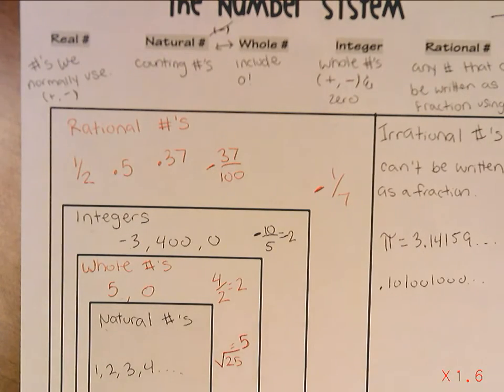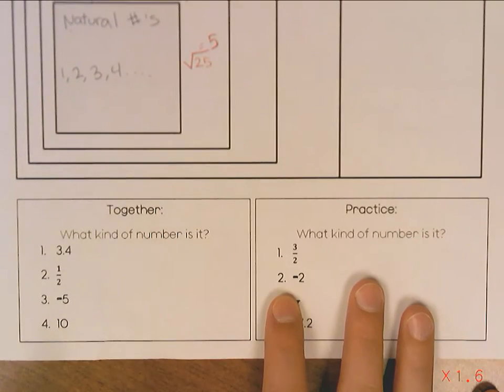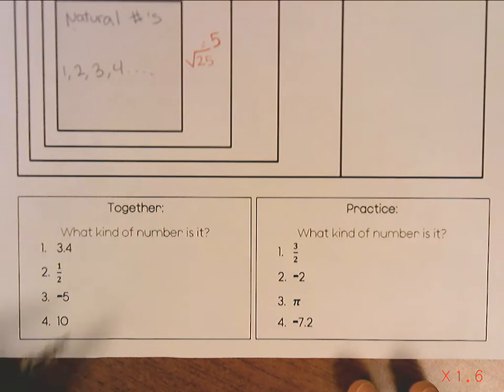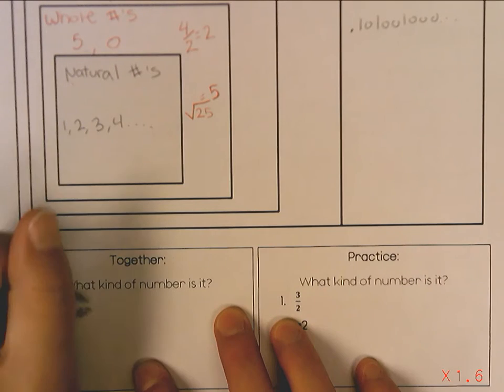Okay, so now if we look down here, you have together and you have a practice. Your together are the problems that I'm going to do with you, and your practice is what you need to do by yourself. And so 3.4, we're trying to determine what kind of number it is. Because there's a decimal, only rational numbers can be decimals, and so it's a rational number.